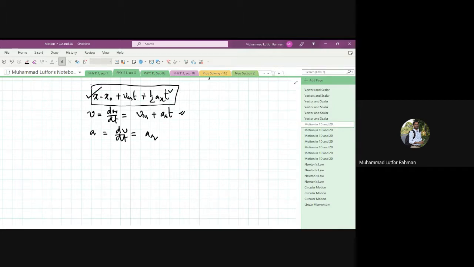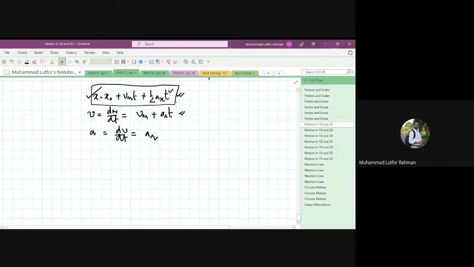If you take the second time derivative of the position function, which we define as acceleration, the result is independent of time. It means that quantity is constant.